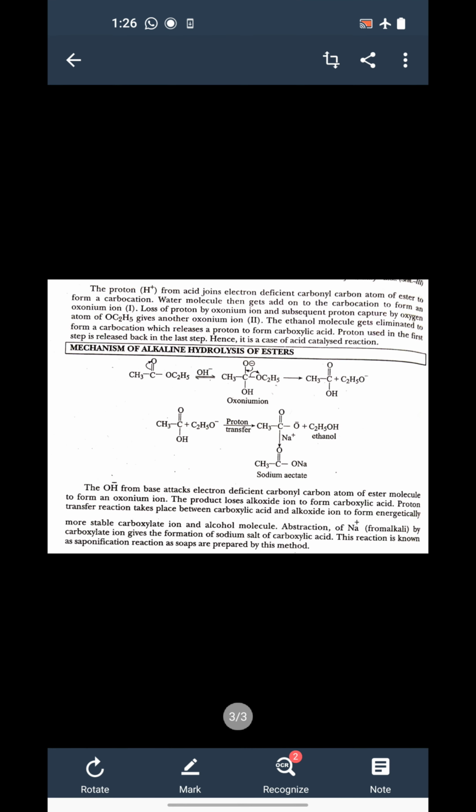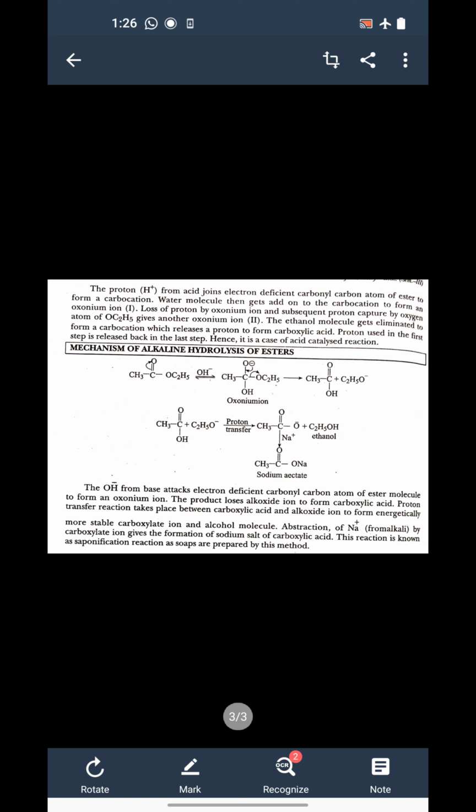Again due to the electromeric effect, oxygen becomes negatively charged, carbon becomes positively charged, and that OH with negative charge gets attached, so we get the oxonium ion. Again oxygen gives its electron to the bond, and it becomes a carbon oxygen double bond. Immediately the C2H5O minus part gets released here.